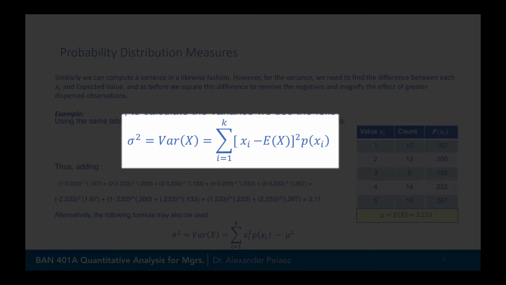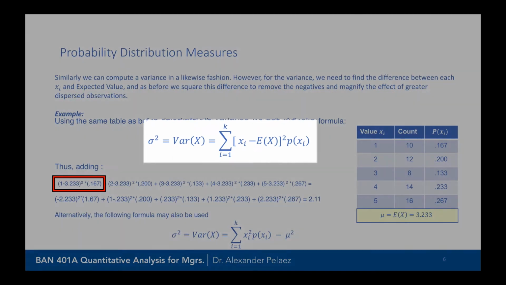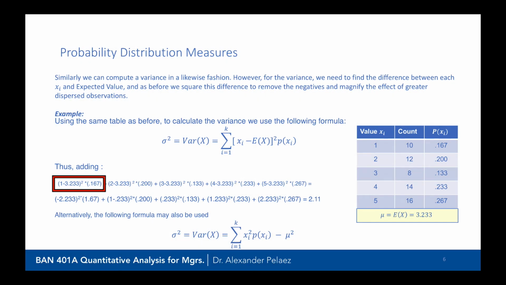So in the first case, we will have 1 minus 3.233, square it, and then multiply it by 0.167. Then for the second one, we'll take 2, subtract 3.233, square it, and then multiply it by 0.200. And we'll continue this all the way up through 5. And when we add them all together, we will end up with 2.11.